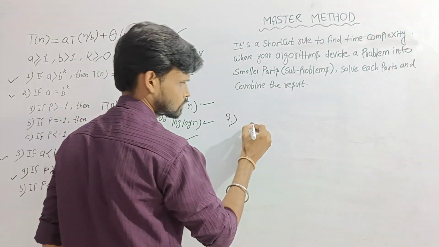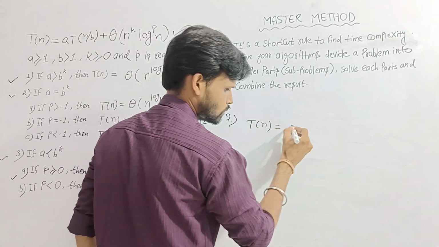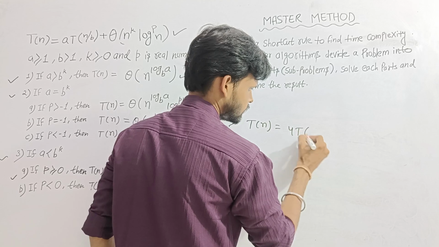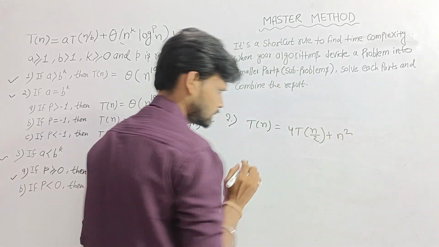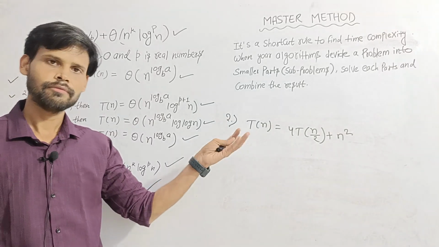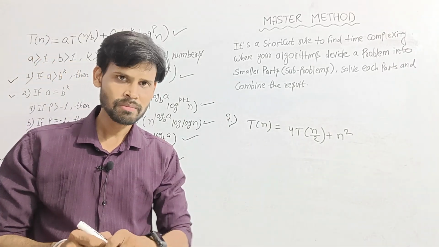Second problem: T of n equal to 4T of n by 2 plus n square. So this is a problem and we will have to calculate the time complexity using the master method.